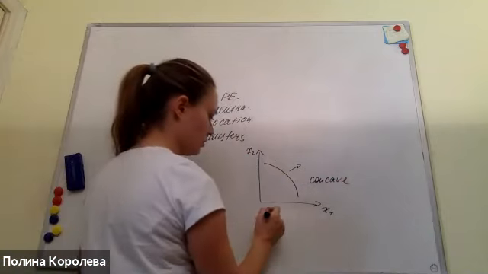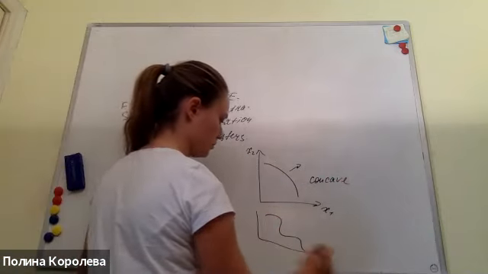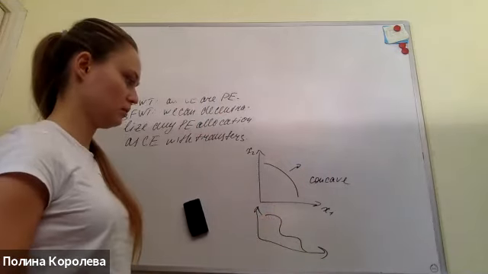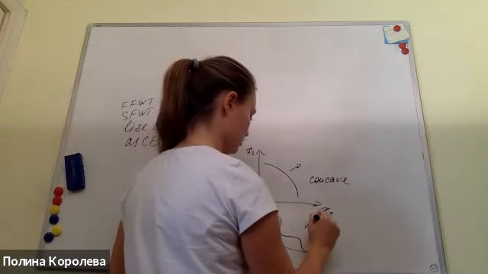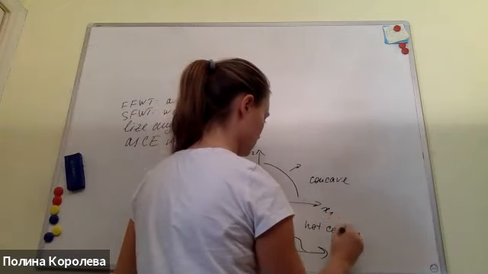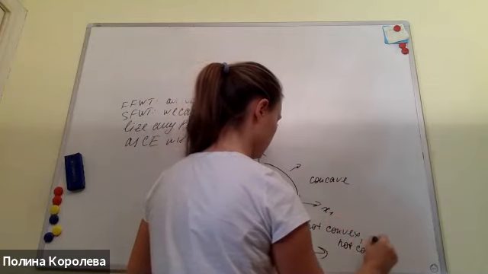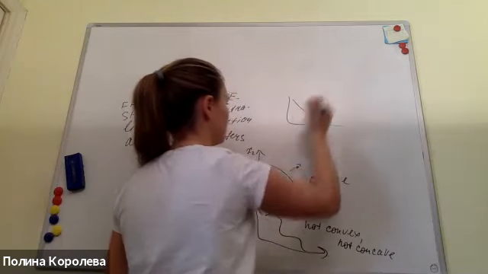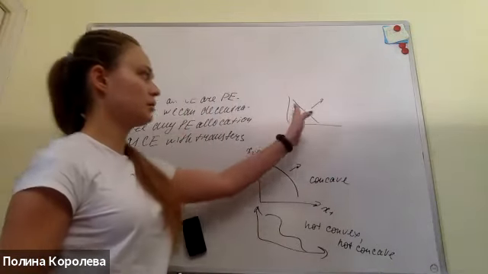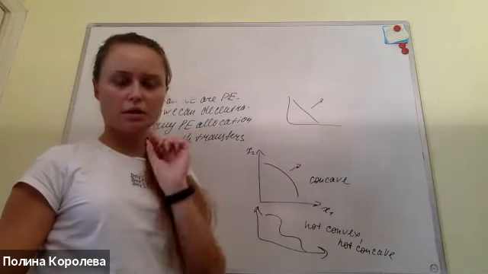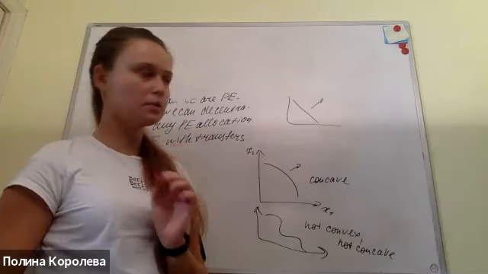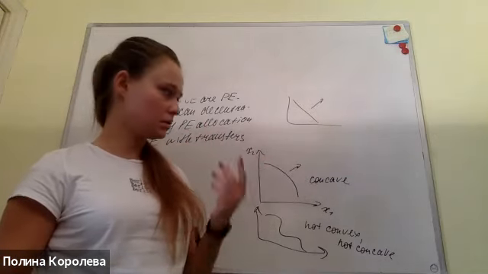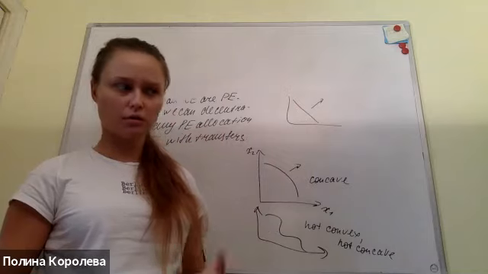And if we have an indifference curve like this, these preferences are neither convex nor concave. If we have linear preferences, they are at the same time convex and concave. So for linear preferences, we will say that these preferences are convex, and all theorems hold.